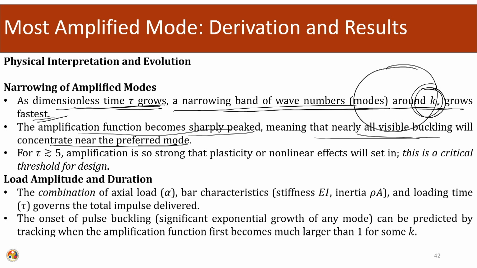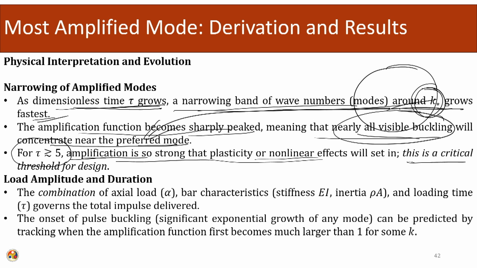Let us say for tau greater than 5. At this stage the amplification is so strong that plasticity or nonlinear effects will set in. So, when this dimensionless time quantity is more than 5, it becomes a critical threshold for design purposes.